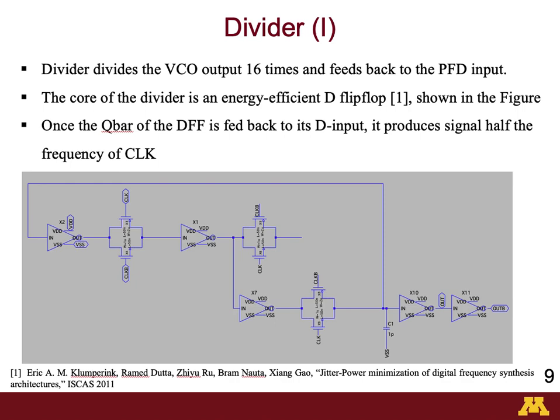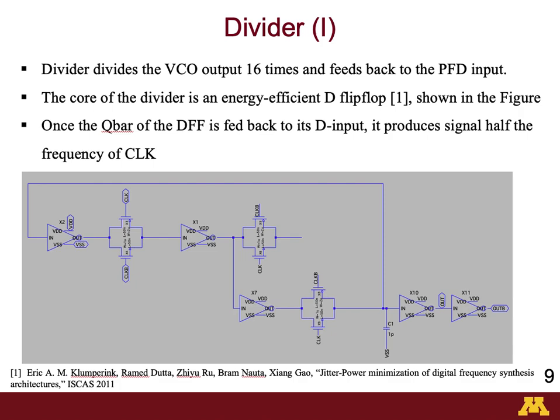Finally, our last block and nevertheless very important block is the divider. The divider function is very straightforward. It divides the high frequency VCO output 16 times to bring it down to 100 megahertz and then feeds back to the PFD input or charge pump input.